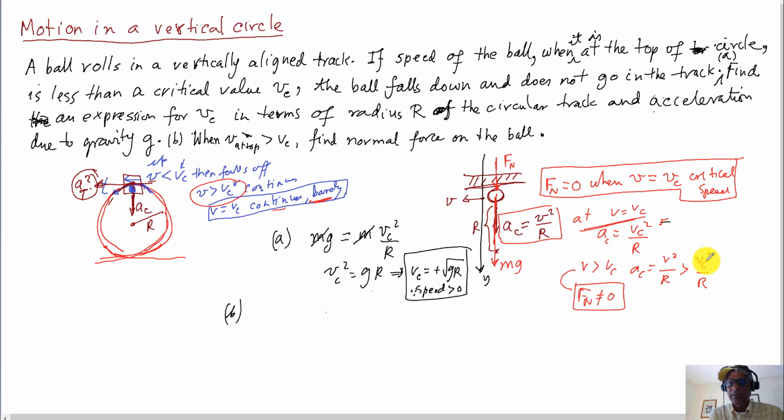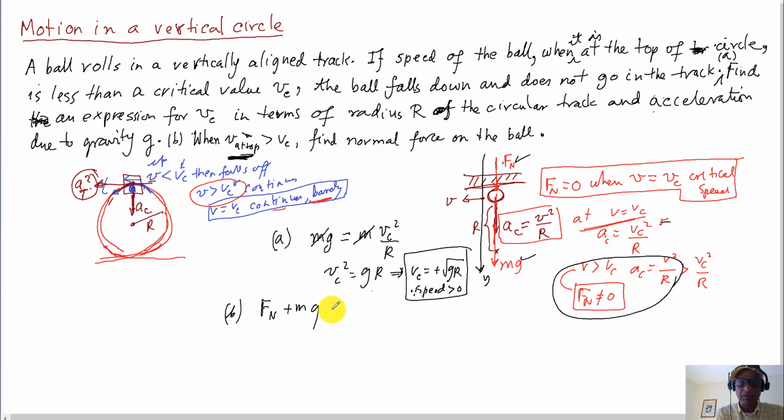And part B is a situation like this, where v at the top is greater than vc. So now when I write down the equation, the normal force is this way, in the same direction. So besides mg, you also have the normal force. You have Fn plus mg, both pointed down, and the centripetal acceleration is also pointed down, so Fn plus mg equals m v_top square over r.